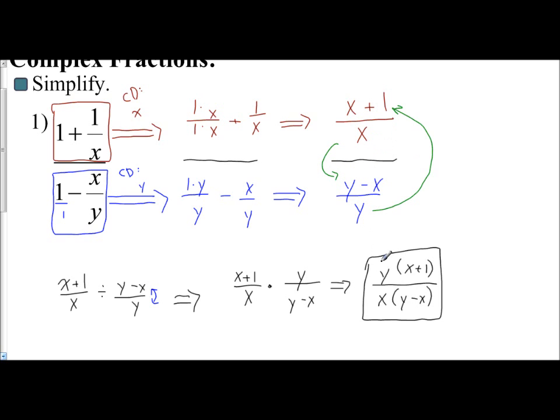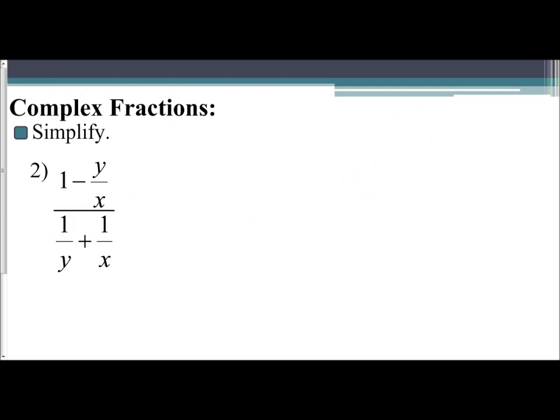You're really taking y times x plus 1 and x times y minus x, and you can go right from here to your final answer and check to see if it can be simplified, which we know it can. When you're dealing with complex fractions, just realize they're two fractions stacked on top of each other. Simplify the first one all the way, simplify the second one all the way, and then work with it when it's visually nicer on your eyes.